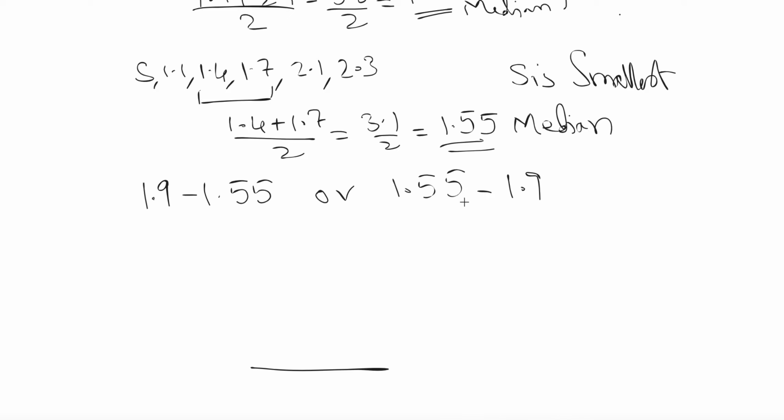Either way, it doesn't matter because we are not going to take the sign into consideration, and this is going to give me 0.35, which is a positive here, and this will be a negative 0.35. Either way, ignoring the signs, the answer is 0.35. This is the difference between the largest and the smallest median of this set.